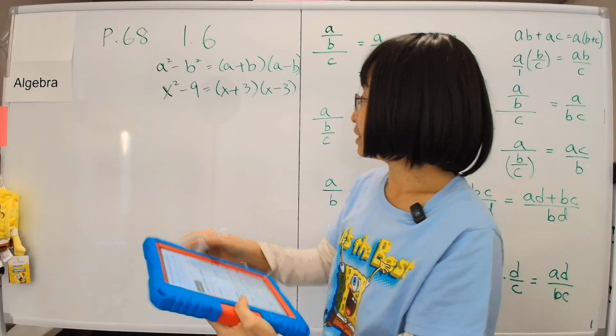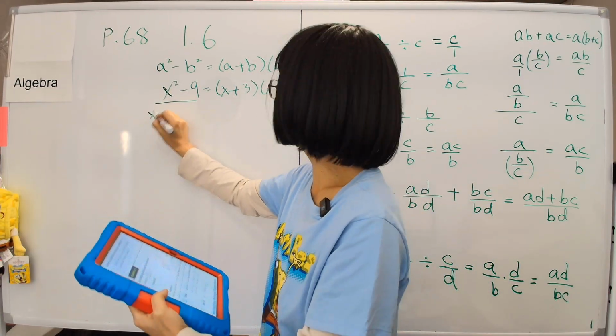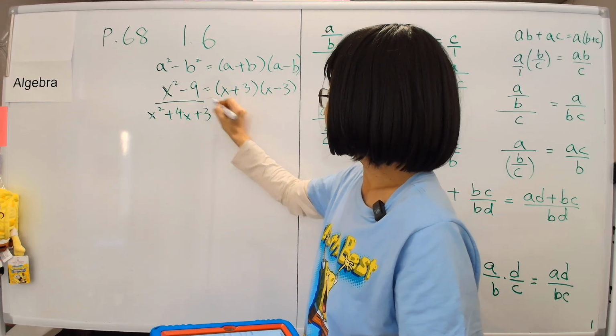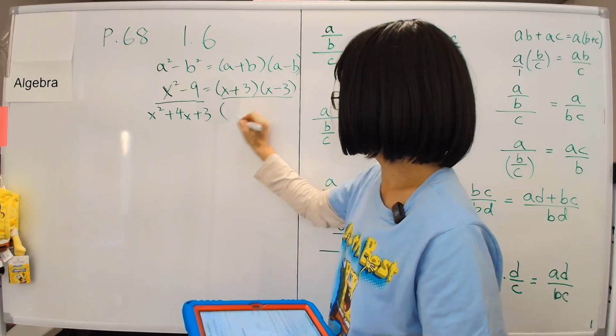All right, so what's on the bottom? On the bottom, there is x squared plus 4x plus 3. And this one, we have to factor it out as, well, you multiply this thing, okay?